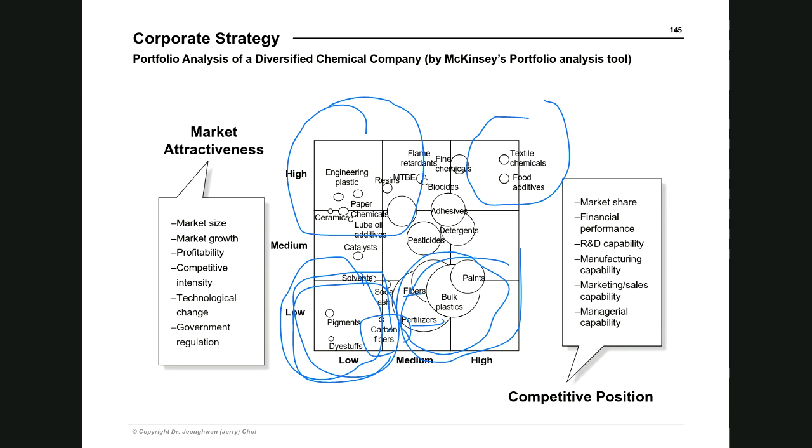So maybe you can remember the hedging strategy, the risk hedging strategy. We call that risk hedging. Maybe you learn these kinds of things, risk hedging through diversification or portfolio management, from finance.